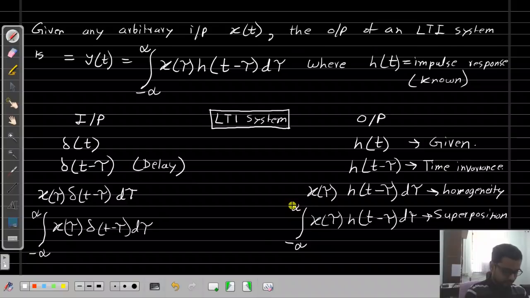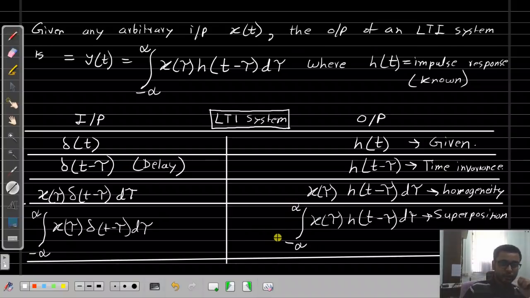I hope that this table will help you to understand this formula for output for any arbitrary input.